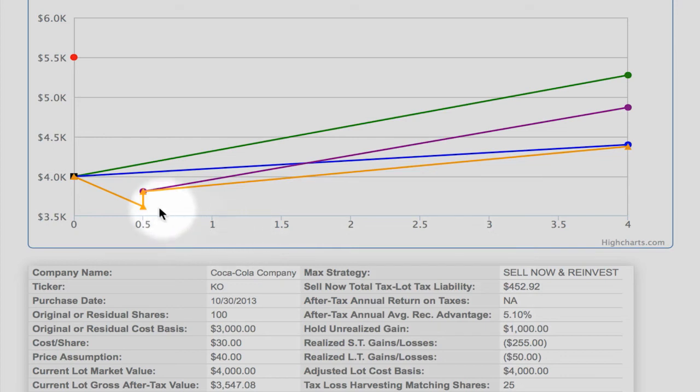This cost basis mark-to-market value adjustment due to tax loss harvesting is displayed whether realized short-term losses are matched and harvested against realized short-term gains, realized long-term losses are matched and harvested against realized long-term gains, or whether, in an end-of-year alternate share tax loss harvesting process, short-term losses are harvested against long-term gains, in an effort to lower current tax liabilities even at the cost of reducing the hidden value of a short-term loss, or by offsetting a long-term loss against a short-term gain, magnifying the hidden value of a long-term loss.